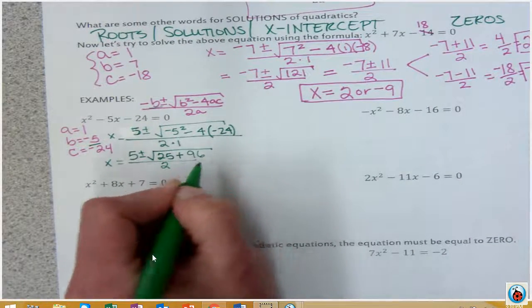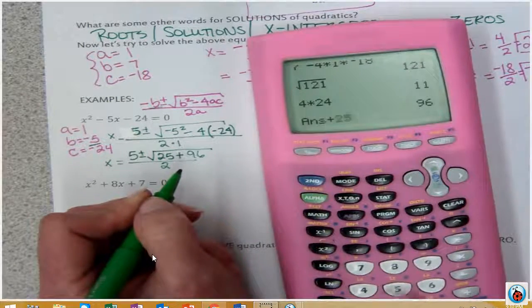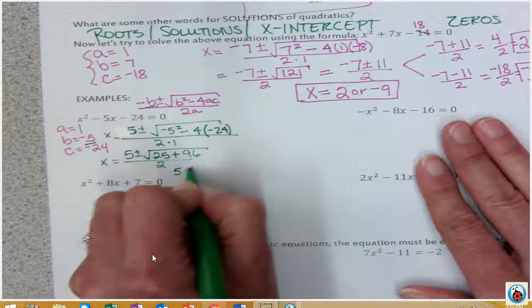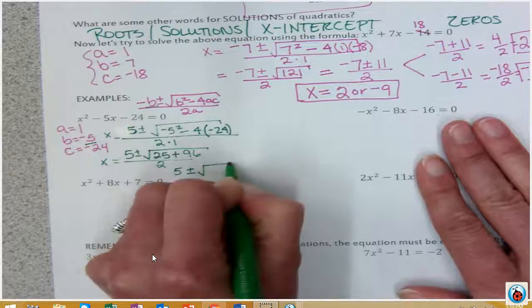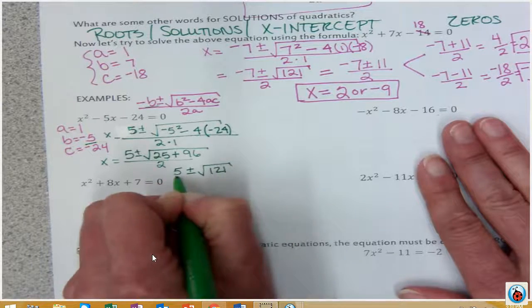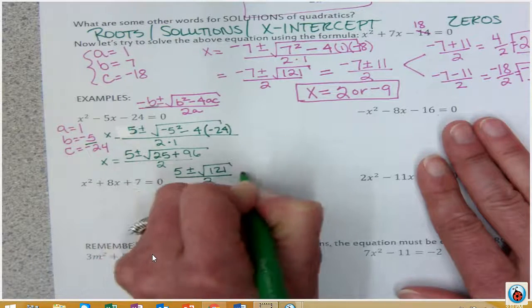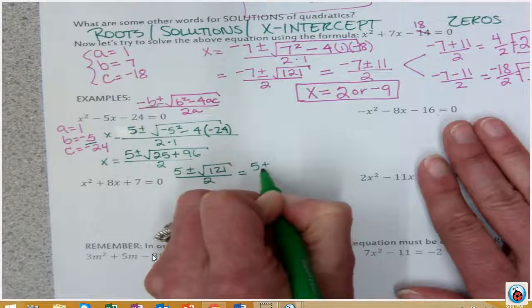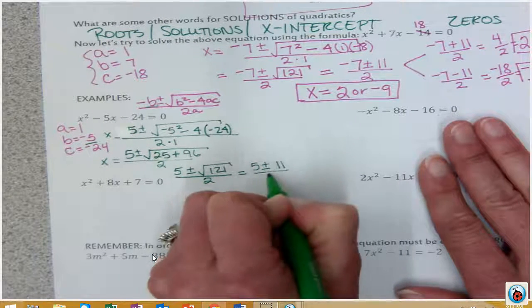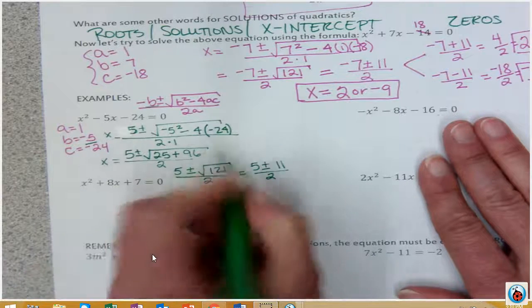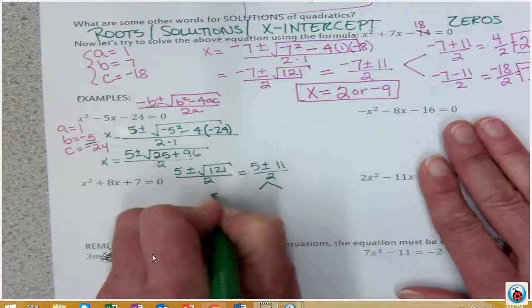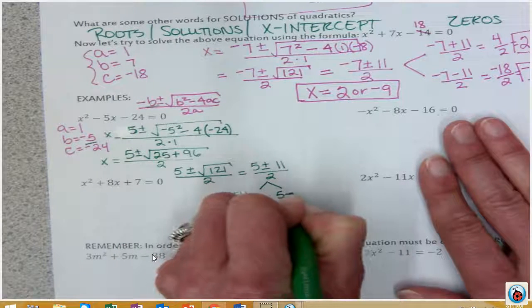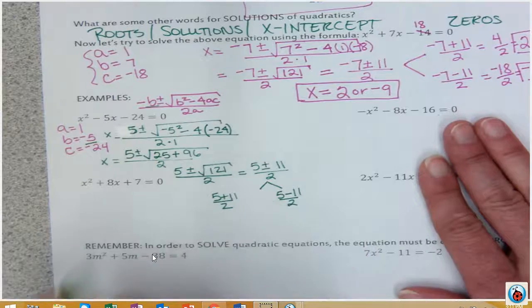So 25 plus 96, I get 5 plus or minus the square root of 121 divided by 2. That's going to basically give me 5 plus or minus 11 divided by 2. Then we can split that into 5 plus 11 divided by 2 and 5 minus 11 divided by 2.